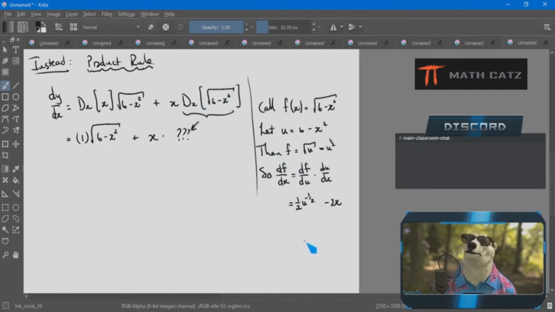They make a dot, but it's so slight you don't even see it. You know it's supposed to be there, but you don't see it. Now, technically, I'm going to read this as 1/2 u to the negative 1/2 minus 2x, because that is what I see. Regardless of what you intended to write, that is what I see, and I can only grade what I see. But with brackets, there is no confusion.